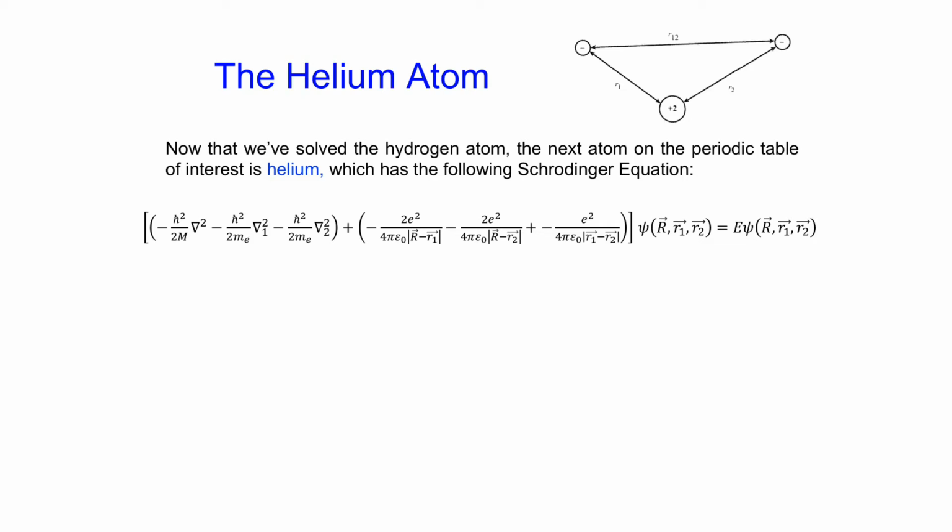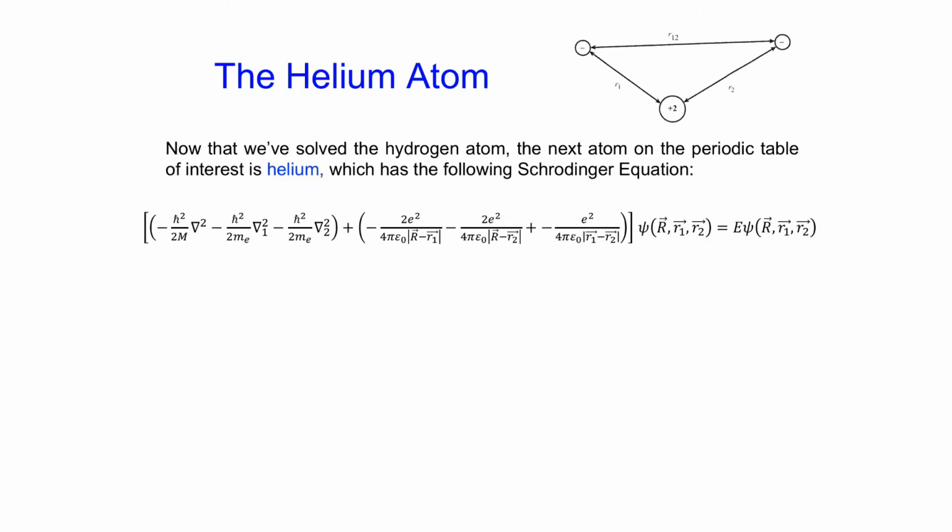That is represented with the potential energy terms in our Schrodinger equation, and you can pull them out by their notation. All the capitals, whether it's a capital R or a capital M, reference your nucleus, and all the lowercase m's and r's correspond to your electrons.